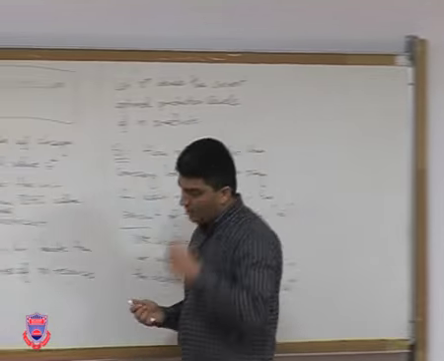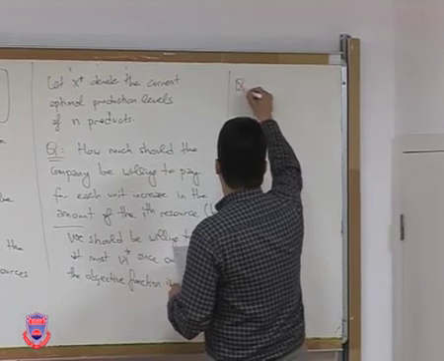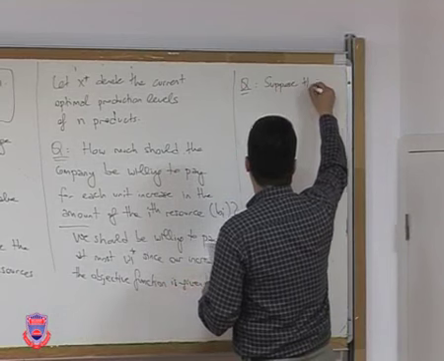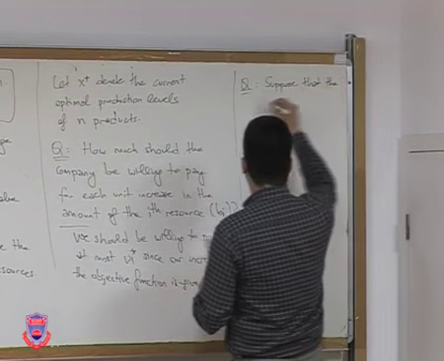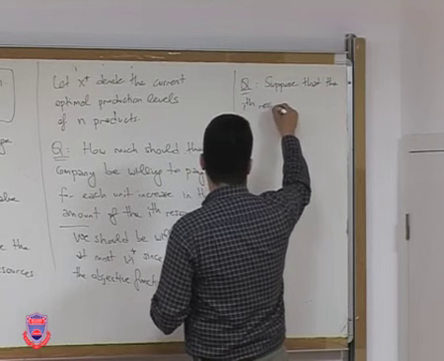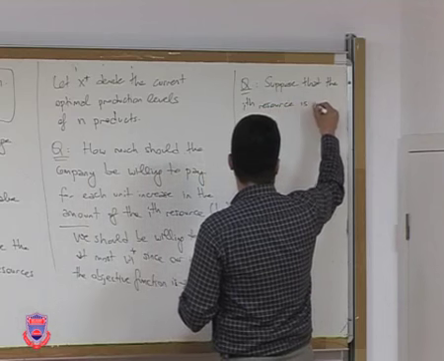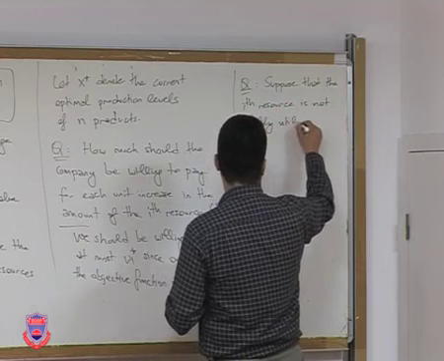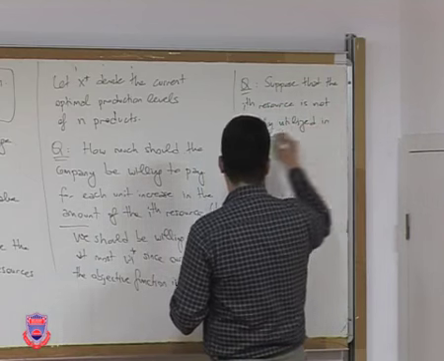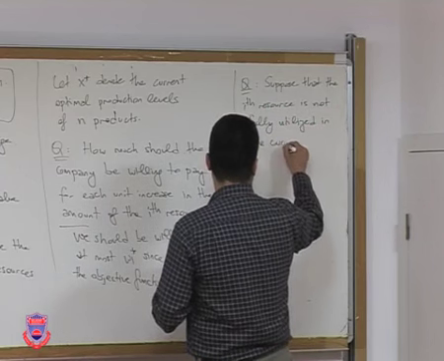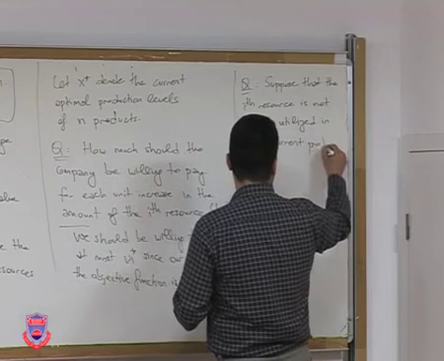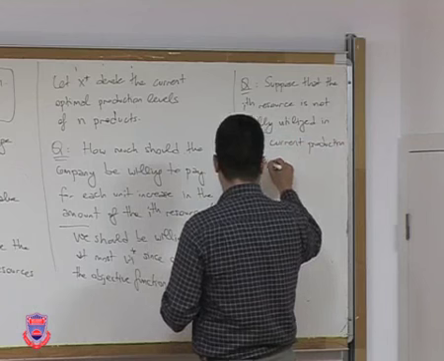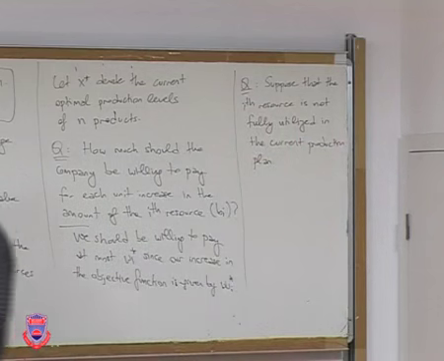All right, let me ask you another question. Suppose that the ith resource is not fully utilized in the current production plan. So what does that mean?